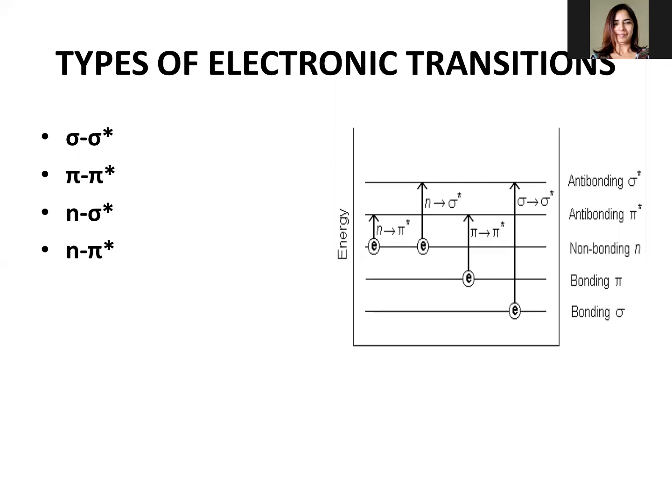A pi electron of a double bond is excited to the pi star molecular orbital. For example, in case of alkynes and carbonyl compounds, cyanides, azo compounds, etc., where there are pi electrons.